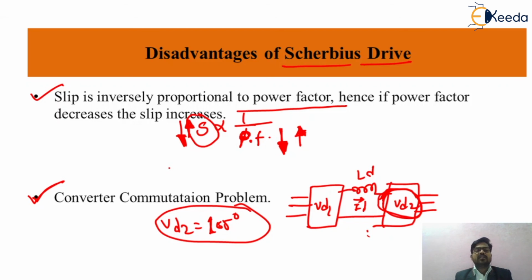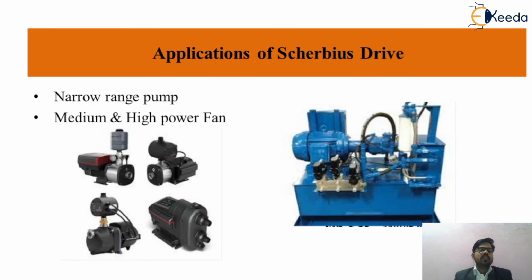Despite these various disadvantages, the static Scherbius drive is useful in different applications. The first application is narrow range pumps, because by means of the static Scherbius drive we get speed control below synchronous speed. I can take one example. Suppose your motor is rated to run at 1500 rpm, which is used for your pump drive.